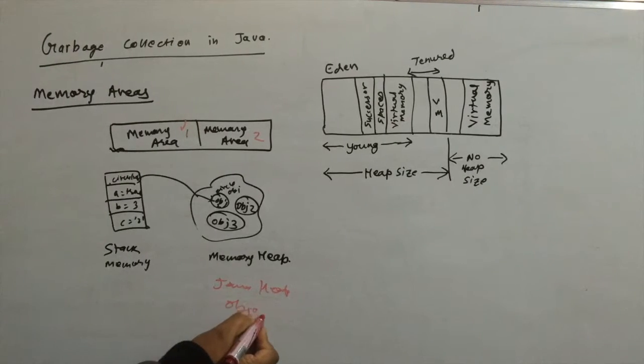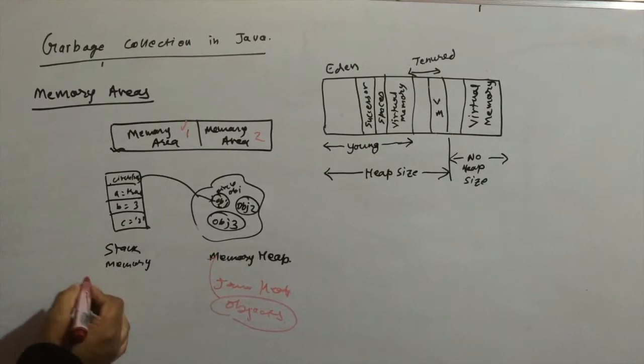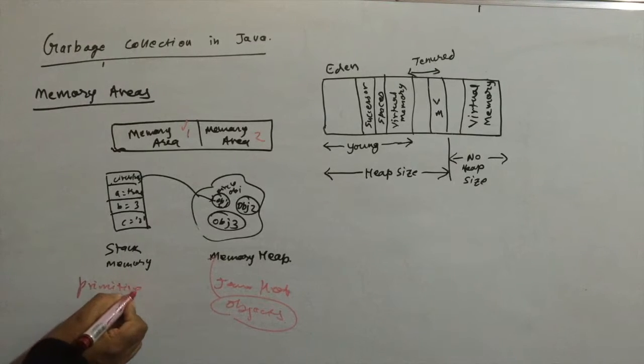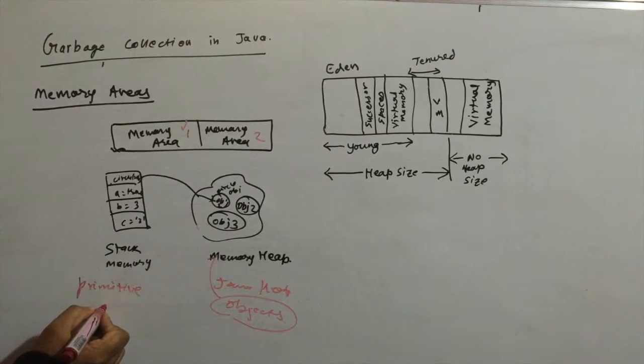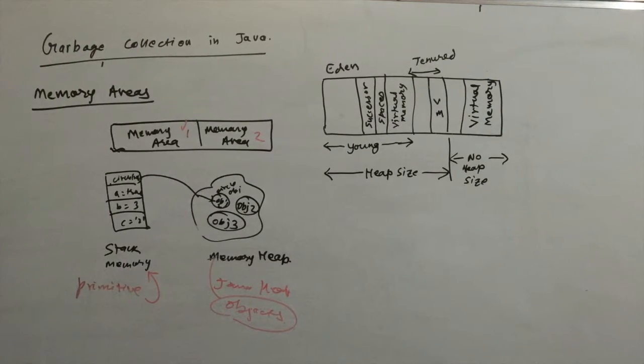Any objects that are created in Java are kept in the Java heap, and all primitive data are kept in stack memory, or reference data.